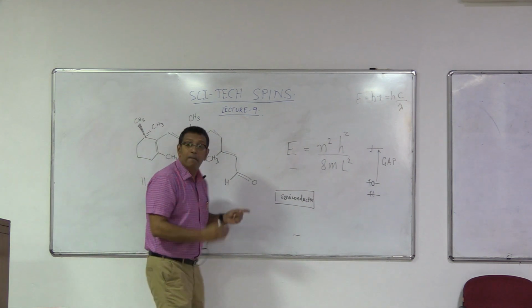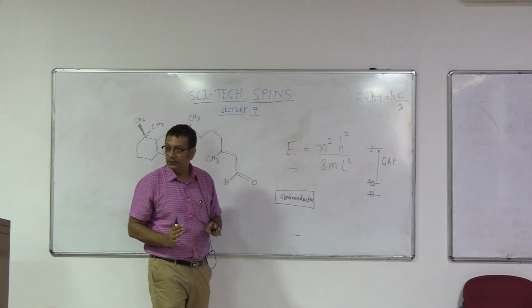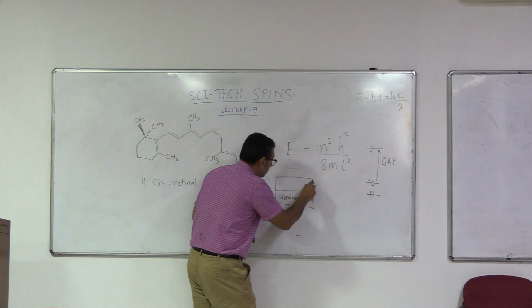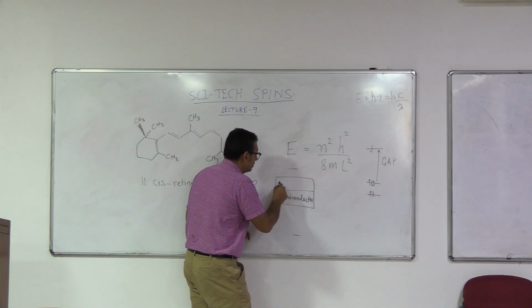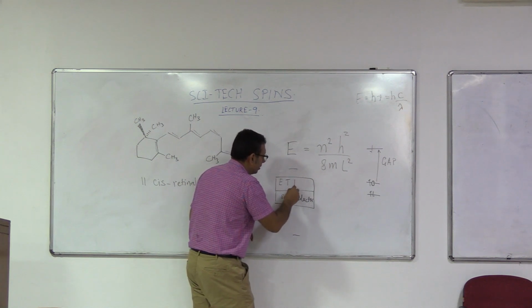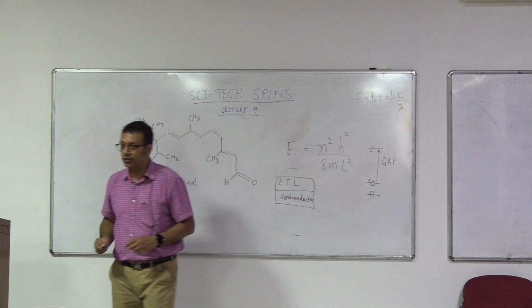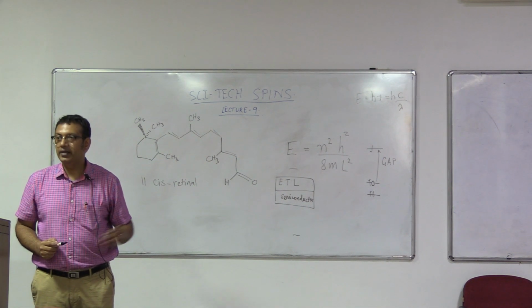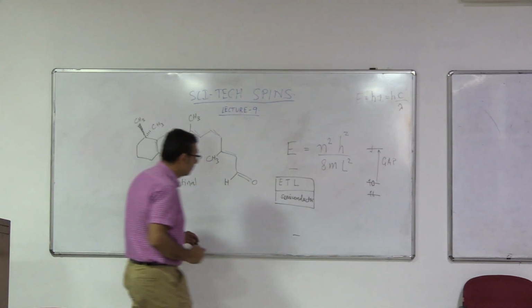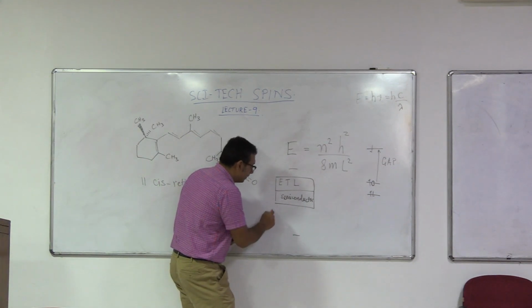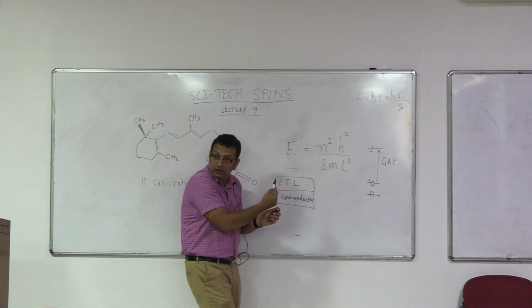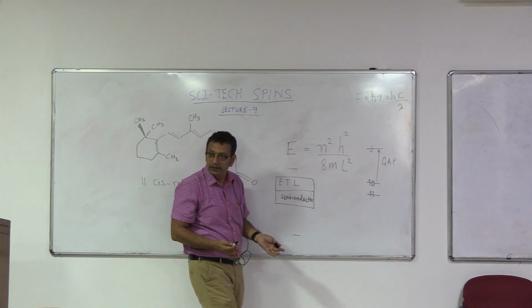So I need to bias it. I will do that by putting something which I will call the electron transport layer, ETL for short. And then you work the design of this, don't worry. Then I want the electron to come in from here, or the hole to go out from here, right?